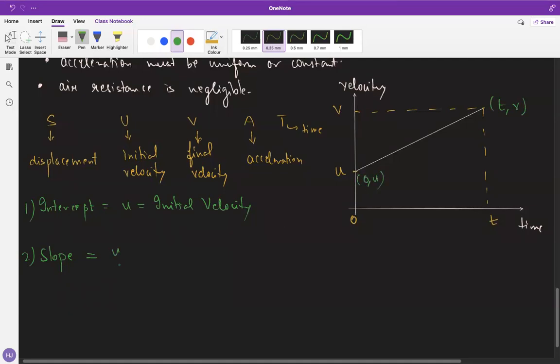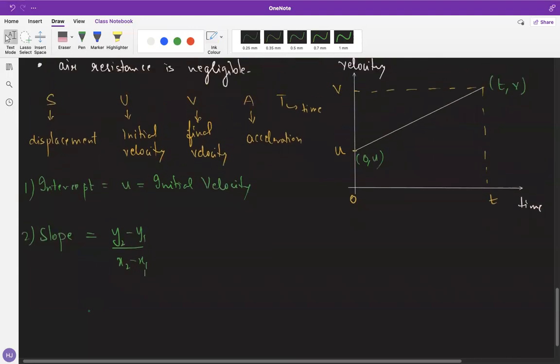So slope is going to be y2 minus y1 over x2 minus x1, which is the same as v minus u over t minus 0, which is defined to be acceleration. If I rearrange this, it becomes at is equal to v minus u. This implies that v is equal to u plus at.